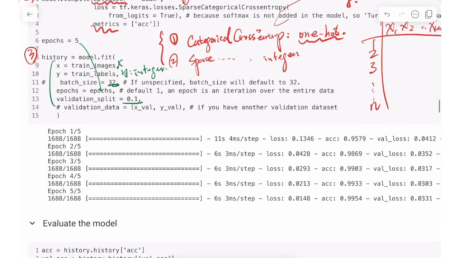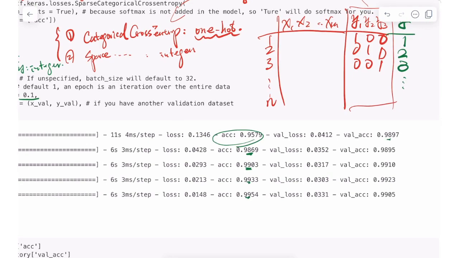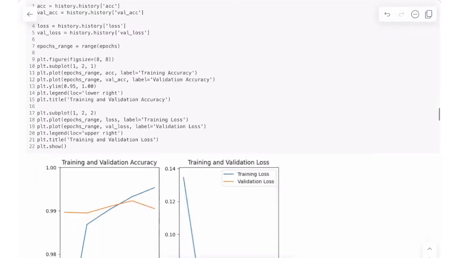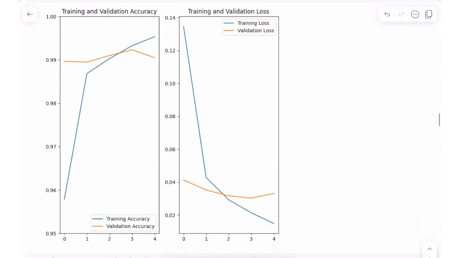After that, you can see the accuracy after the first epoch is 95%, 98, 99, 99, 99. The validation accuracy is 98, 98, 99, 99, 99, and here is the loss, which is the cross entropy. Basically you can simply draw the picture to see the trend of the loss and accuracy.